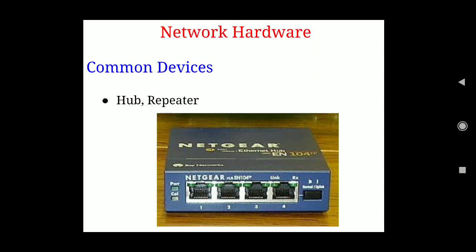The passive hub will not generally amplify or raise the signals. That's why it is called passive. Whatever signal they receive, they simply transmit as it is. Active hubs are the hubs which amplify the signals and then send them to the intended machines.